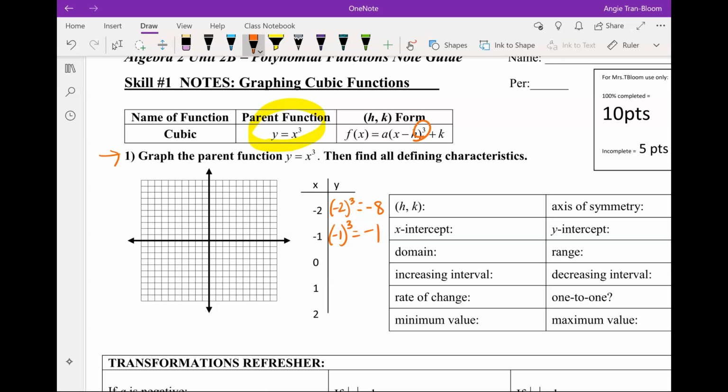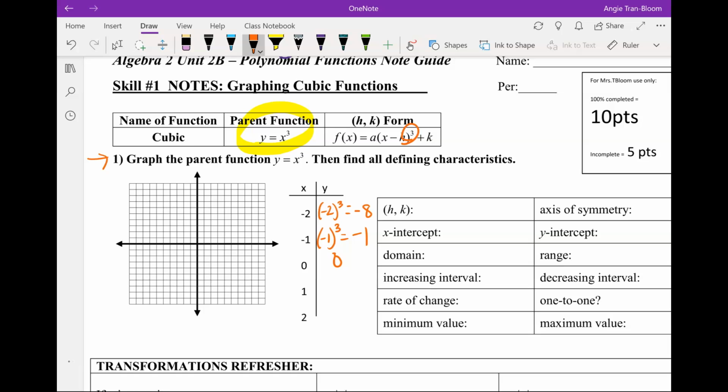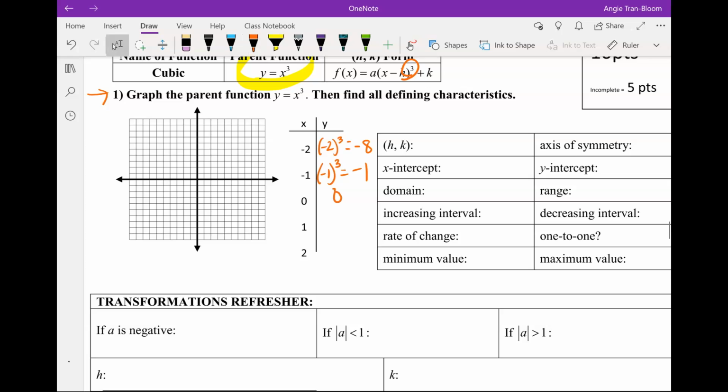So a negative number to an odd power will always be negative. Okay? 0 to the third power, Riley, is 0. 1 to the third power, Mariana, is 1. 2 to the third power, Autumn, is not -8, but +8. So those are the inputs.